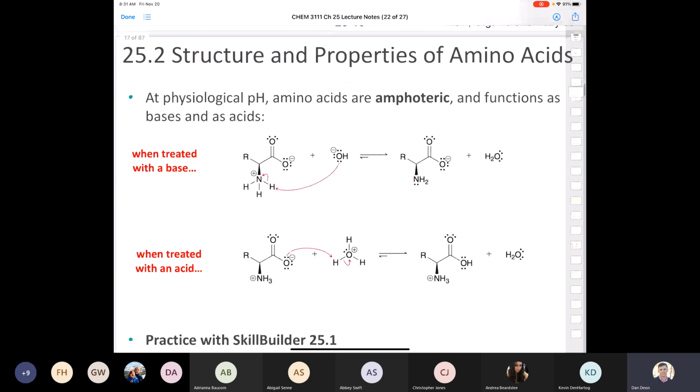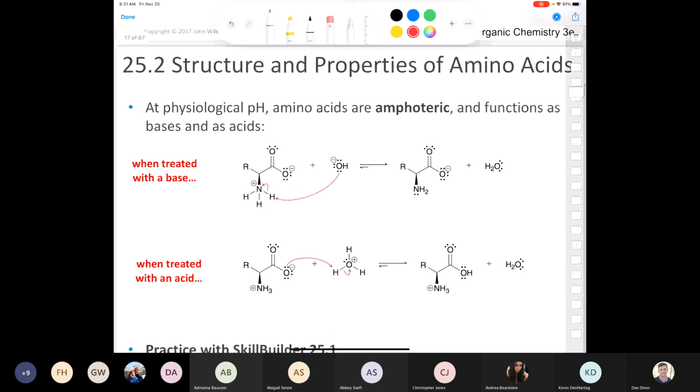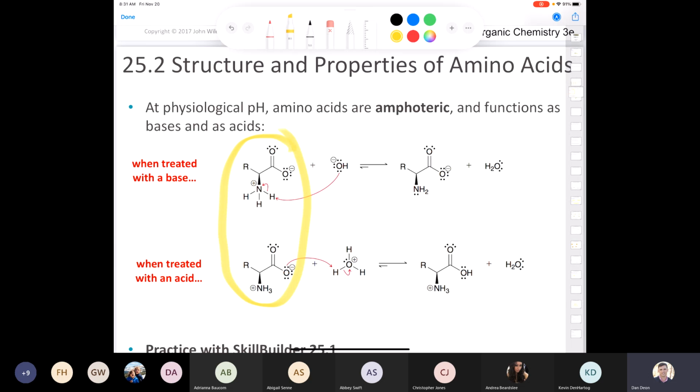Now, at physiological pH, amino acids are amphoteric. That means that they can function as both bases or acids, depending on the situation. If you look at these two structures, they're identical. These are both just a zwitterion, or a zwitterionic alpha amino acid.